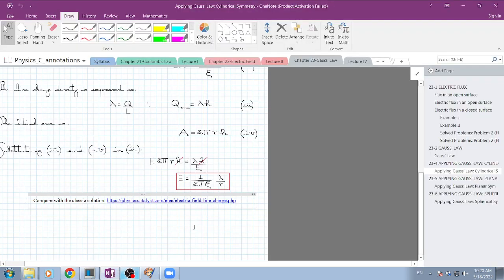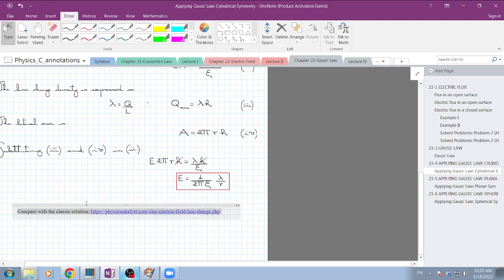And this is the biggest advantage of using Gauss law. Gauss law makes everything really simpler, as long as you choose proper symmetry and a proper Gaussian surface to solve your problem. With this, I would like to end today's class.